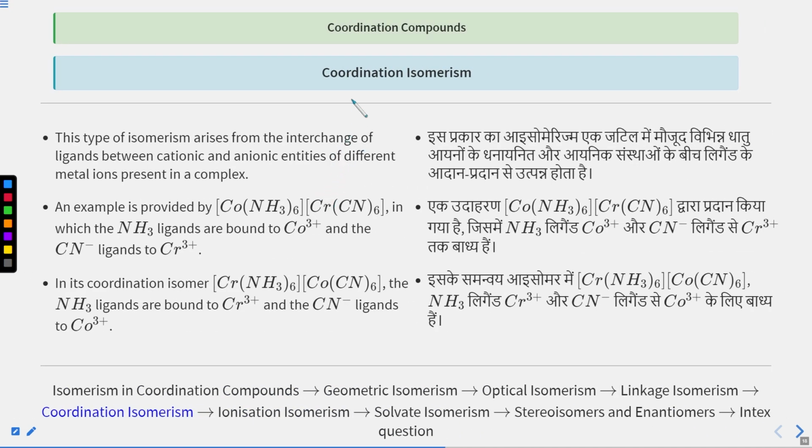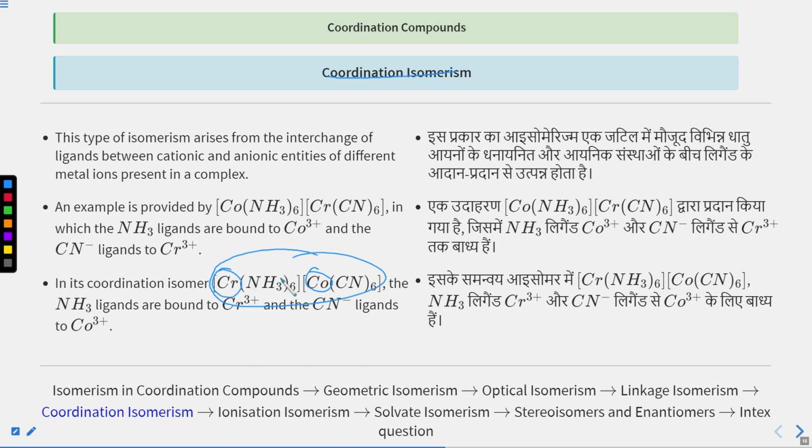The next is called coordination isomerism. In this isomerism, the ligands change, right? Suppose we have an example of this. It is not an example of a mononuclear complex, but a dinuclear complex in which we have two metals present. Okay, so we don't have to worry about that. What we are interested in is that the ligands are interchanging.